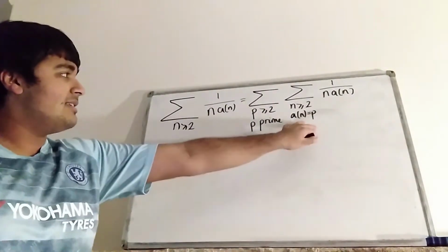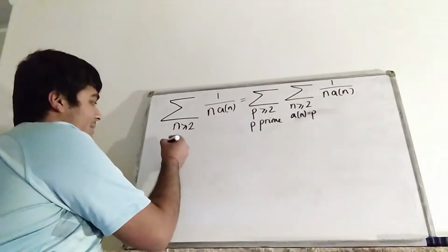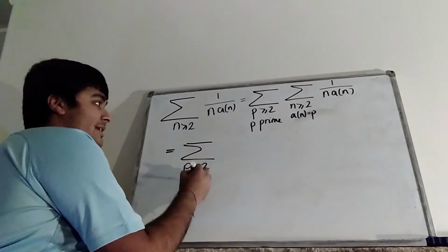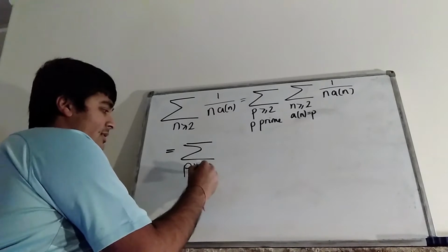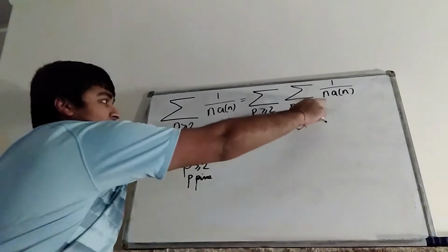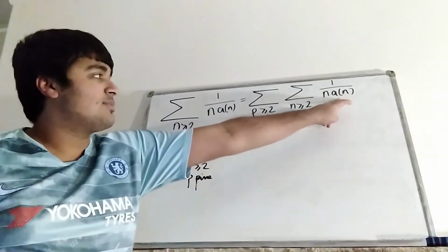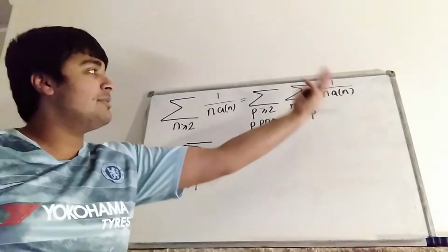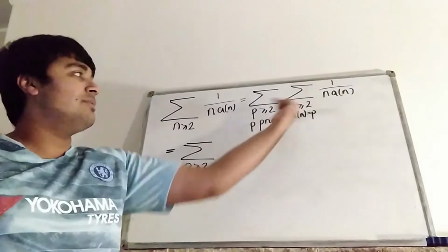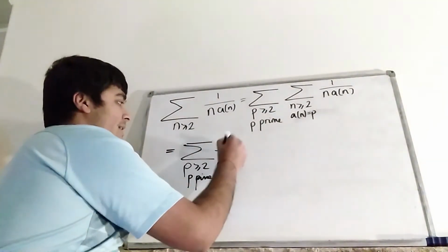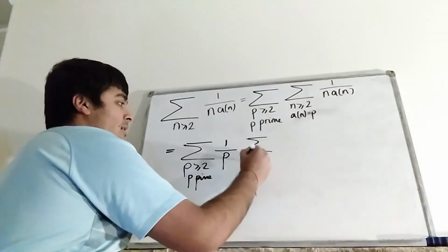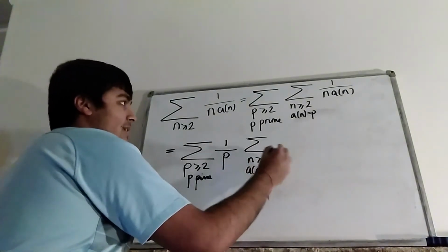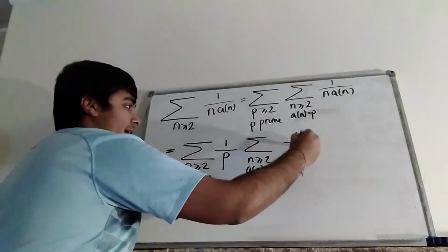But we can simplify this summation on the right hand side a bit. We can keep the sum over p greater than or equal to 2, p prime. Because we know that a_n equals p, we can swap a_n in the sum for p. So that's 1 over p, but of course p is independent of n, so I can bring it out of the first summation: 1 over p times the sum over n greater than or equal to 2, with a_n equals p, of 1 over n.